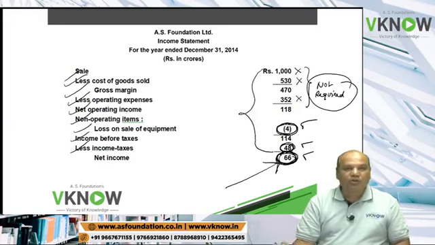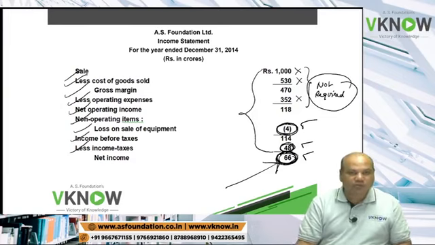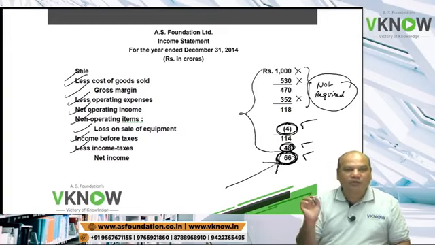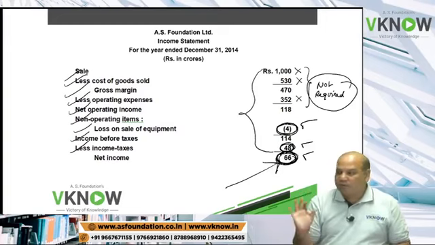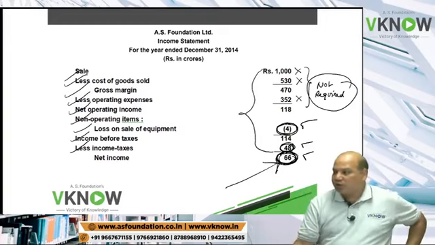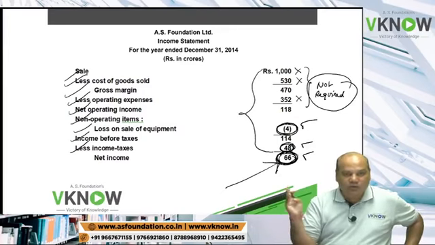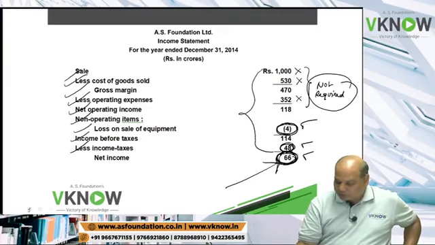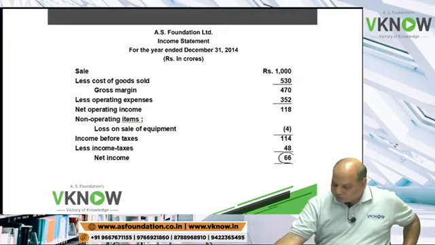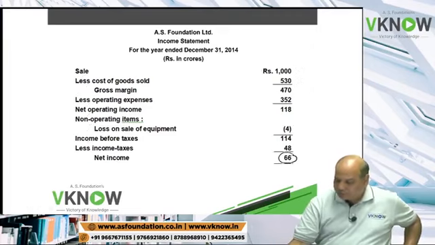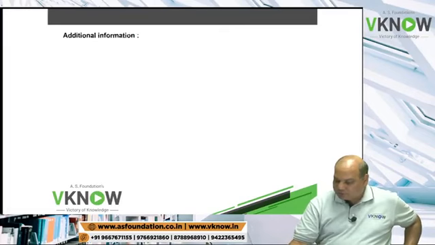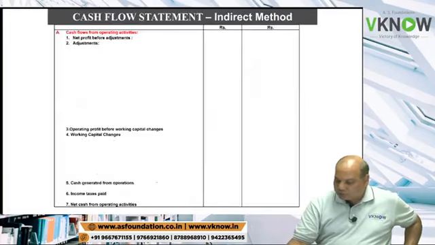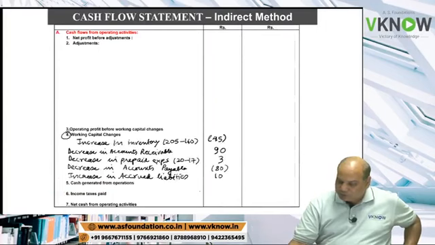But those items which require adjustments will be adjusted by giving double effect. Is it right? So I don't require 3 figures in the answer: sales, cost of goods sold, and operating expense. So we'll start with net profit. Start from last item, net profit. Net profit you will write in cash flow from operating activity.